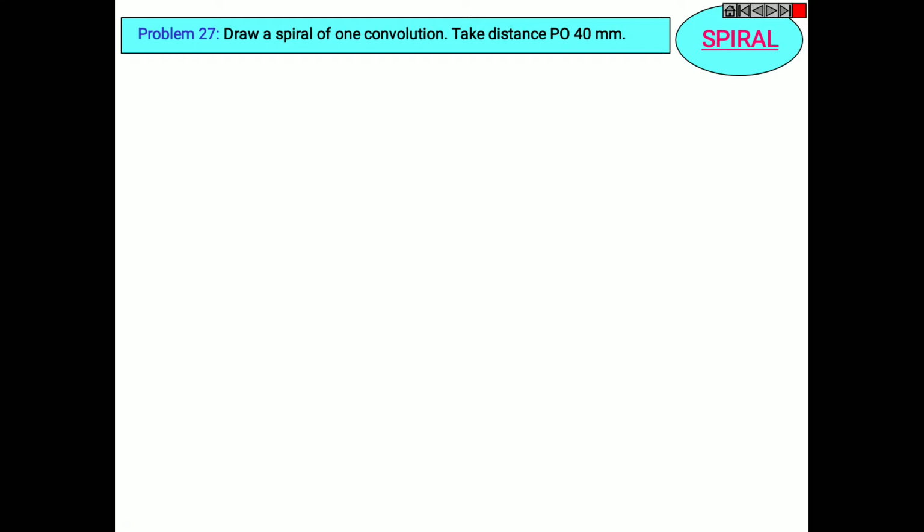It's problem number 27. Draw a spiral of one convolution, take distance PO of 40 mm.